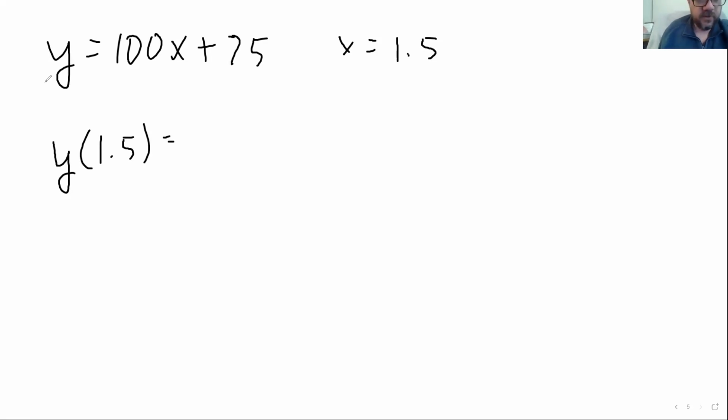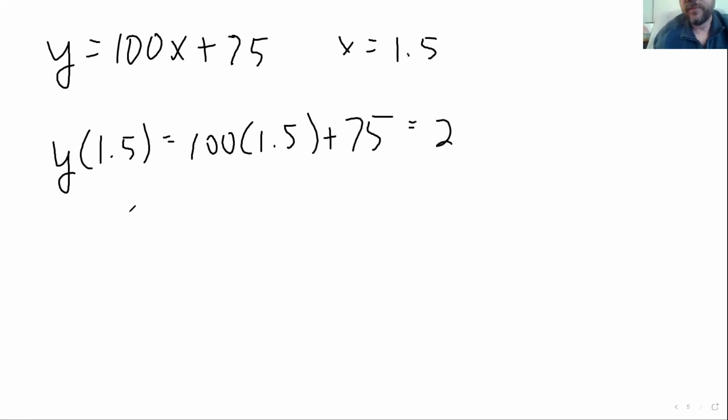And so I'm thinking of this as a number because I'm putting in a number for X. Right, we just plug that in and we get 225. So this says that when she is out on a job for an hour and a half, she charges $225 for it. Very simple. This is going to be a thing we're going to want to do a lot, like when we're making predictions using our linear model that regression is going to give us.